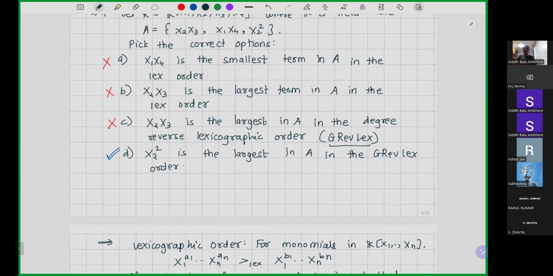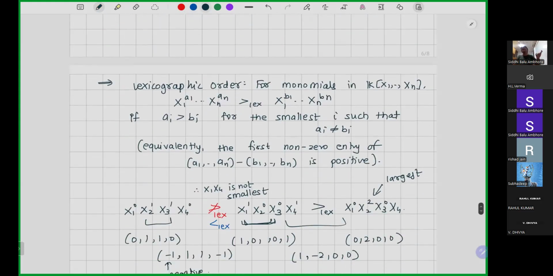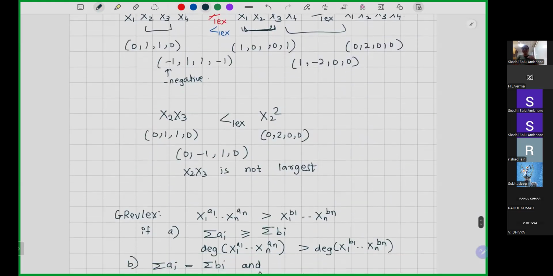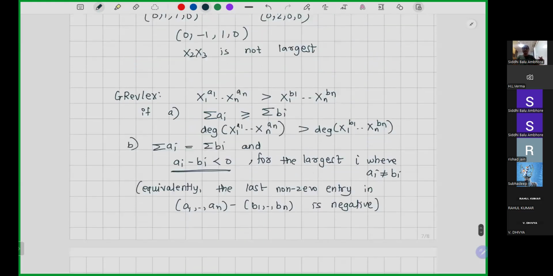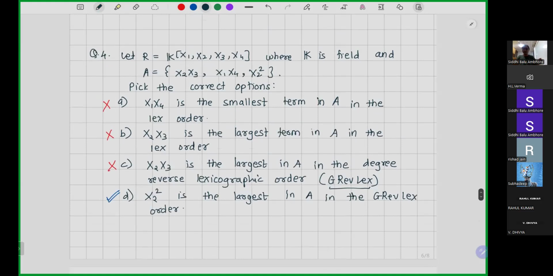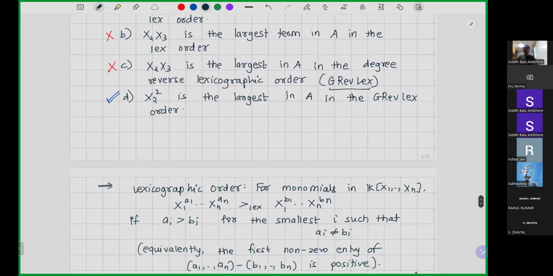Any doubts here? If you are unable to see the way I have solved, just write them properly, compare each pair and try to solve, and see, as suggested by Subhadeep, that x2 square is the largest. Also check what is smallest in g revlex, and similarly for these two, for lexicographic order.